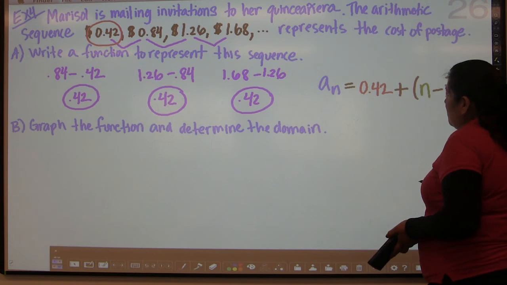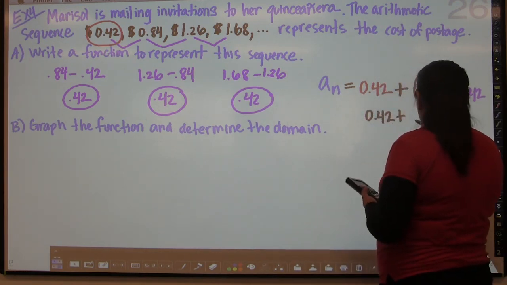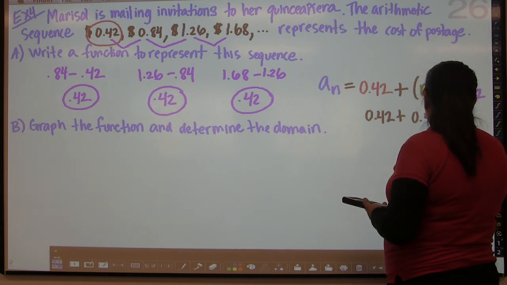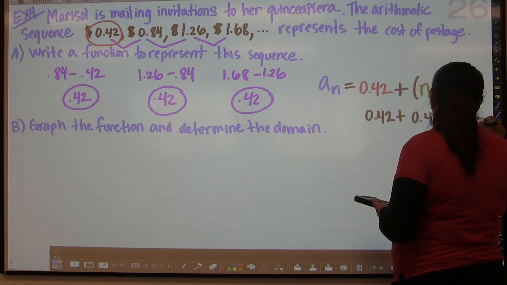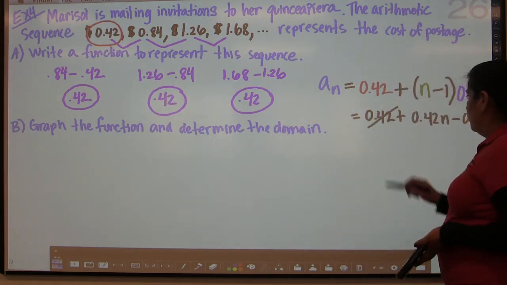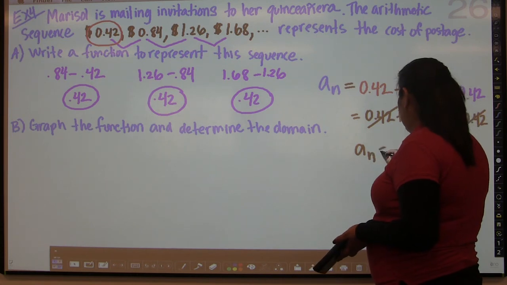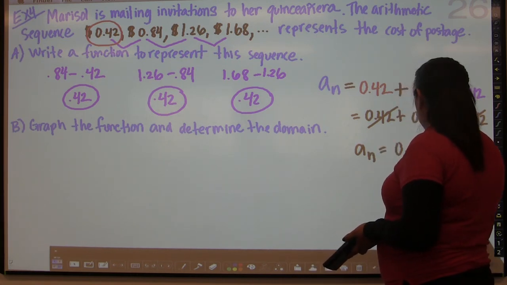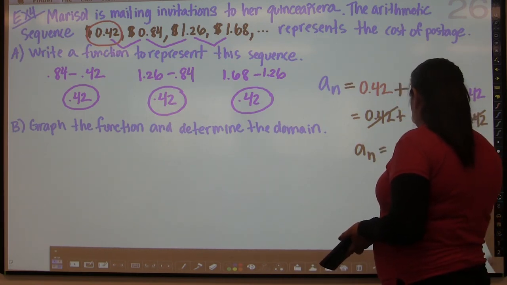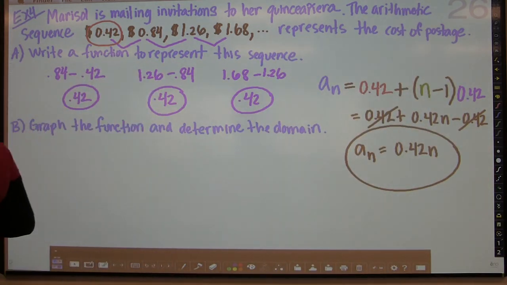We can then simplify that. 0.42n minus 0.42. So what's going to happen there is that this positive 0.42 and negative 0.42 are going to cancel, and all I'm going to have is A sub n equals 0.42n. And this will be my equation for my arithmetic sequence.